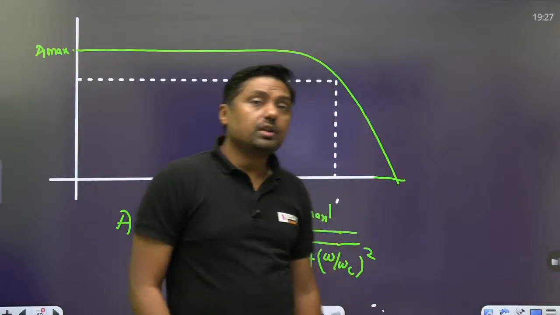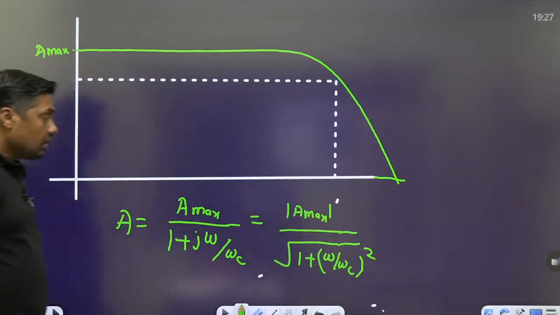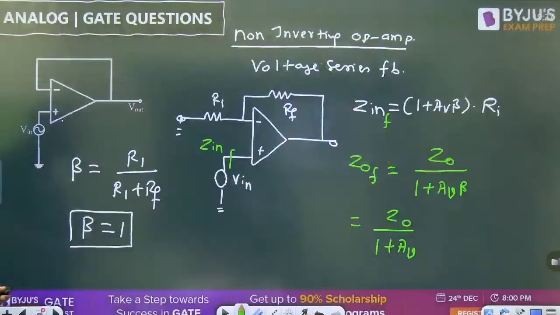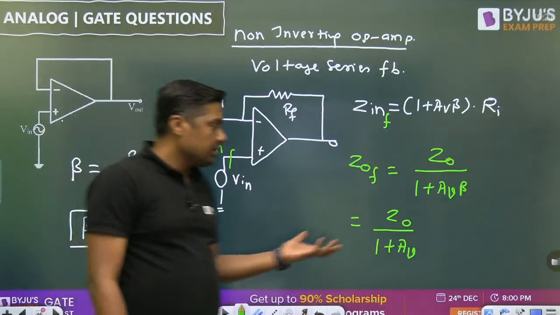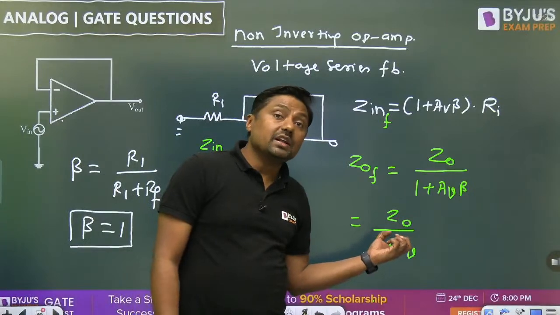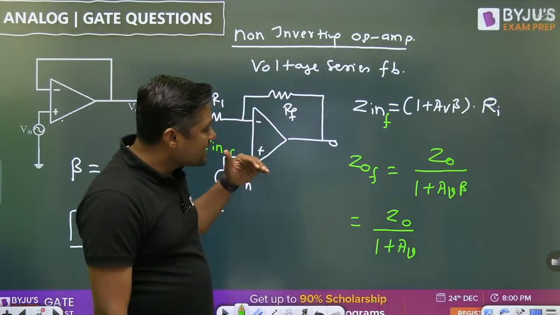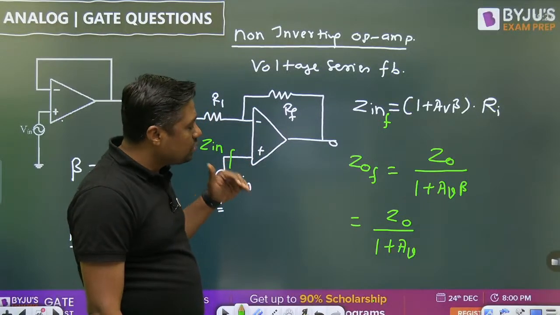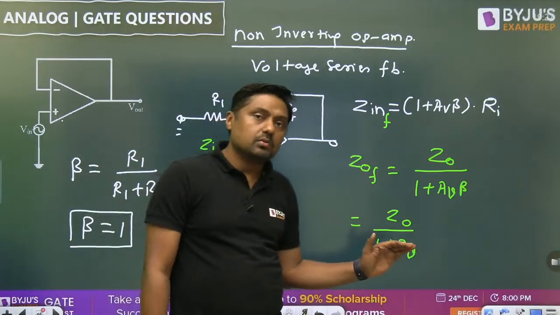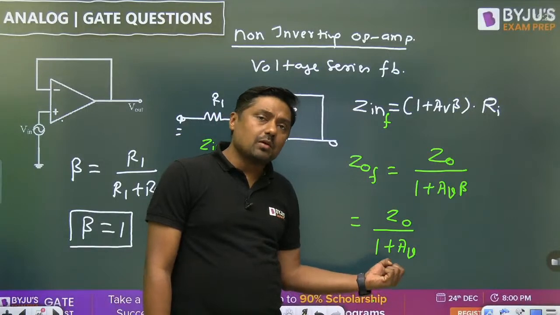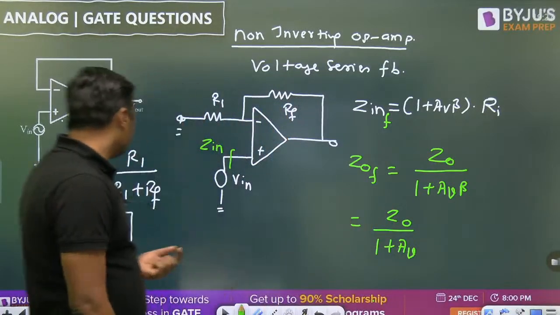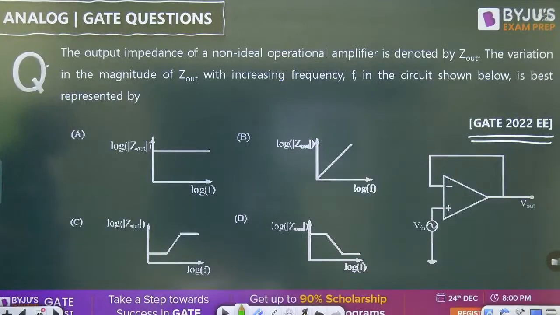But remember one thing. This is the low pass filter, but what about the Z0? It is in the denominator. What will happen? Exactly when omega is equal to 0, the gain is maximum. When the gain is maximum, impedance will be minimum. So where the gain is maximum, impedance is minimum, here.